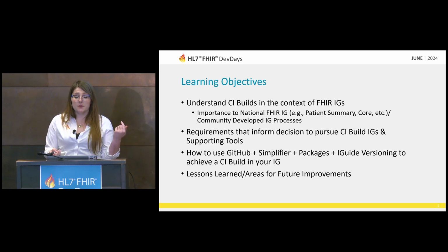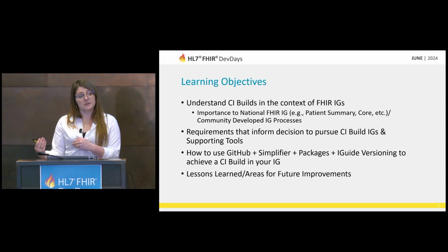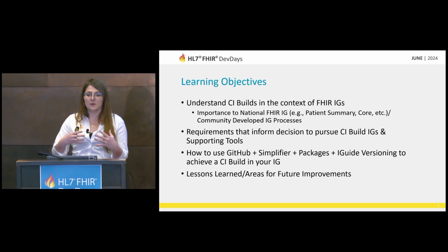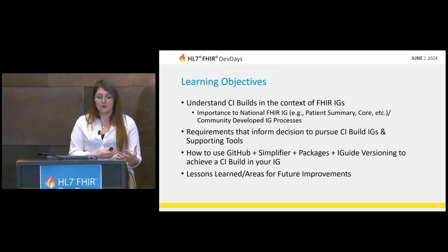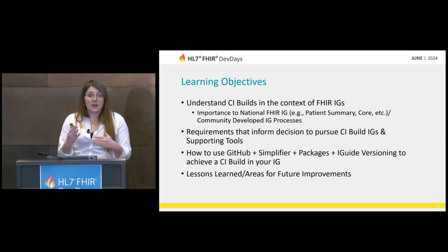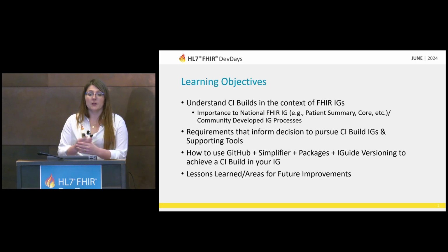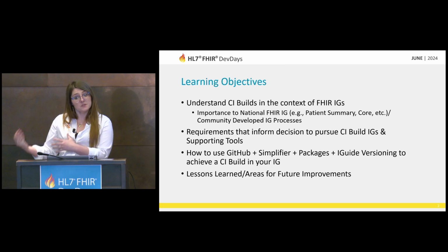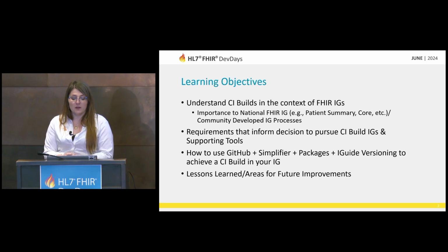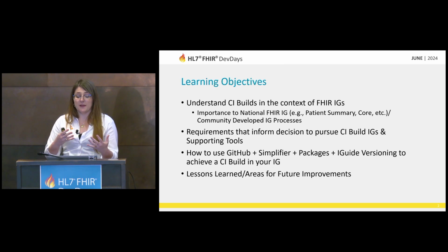I'm going to talk to you a little bit about the requirements that informed our decisions to go down this path, and what might help you assess what types of tools you might use to facilitate a similar approach. Then I'm going to show you how this works on the stack that we have been trialing over the last 4 to 6 months, using specifically GitHub, Simplifier, the use of packages and IG versioning to achieve a very similar effect of a continuous integration build of our IGs.